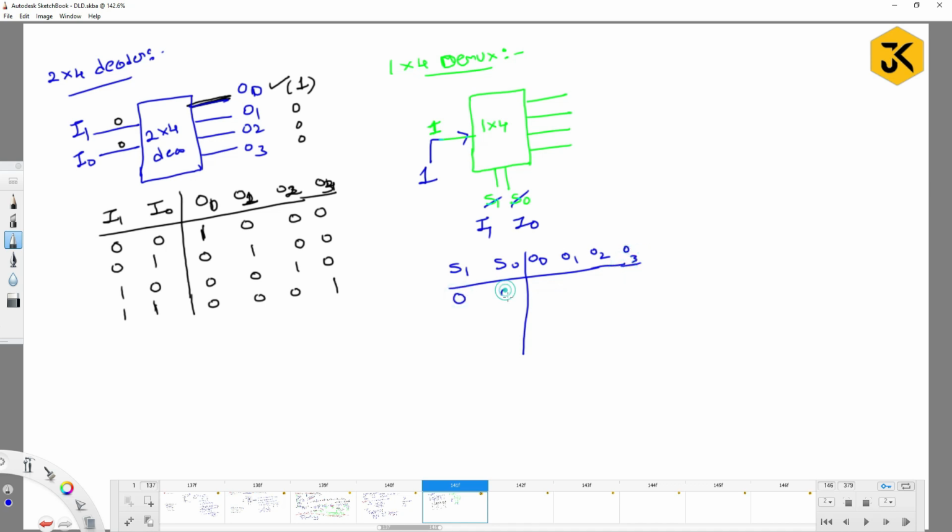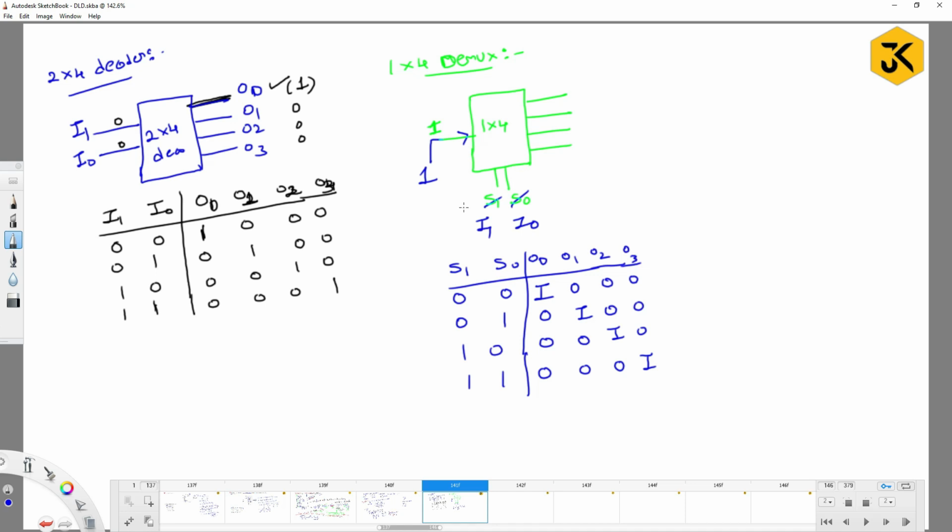For S1 S0 equal to 0 0, the O0 value is I, and all the remaining three are zeros. For 0 1, you get 0 I 0 0. For 1 0, you get 0 0 I 0. For 1 1, you get 0 0 0 I.